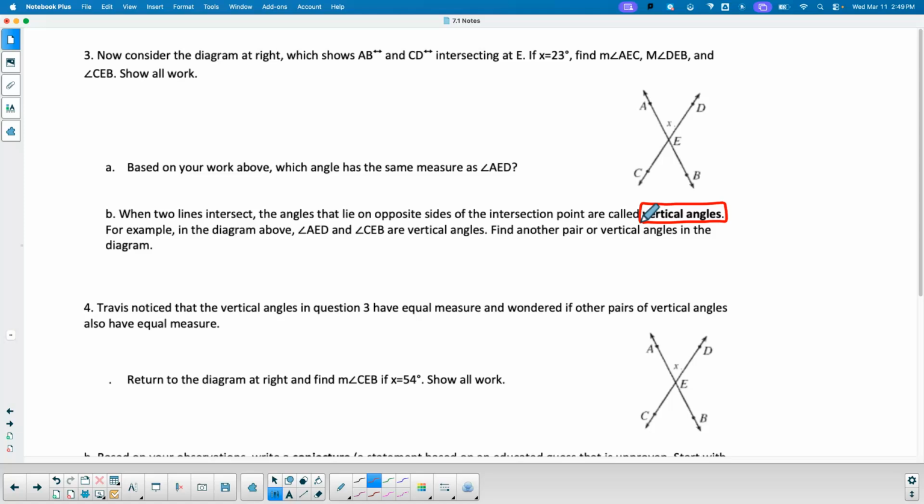And this angle here is equal to that angle there. Two intersecting lines make 4 vertical angles. So this angle here would be equal to that one, and this angle here would be equal to that one. Okay?